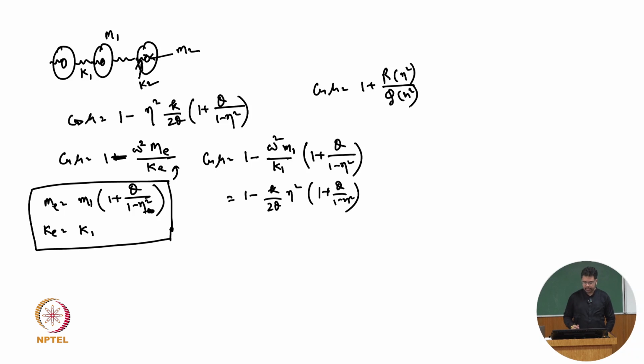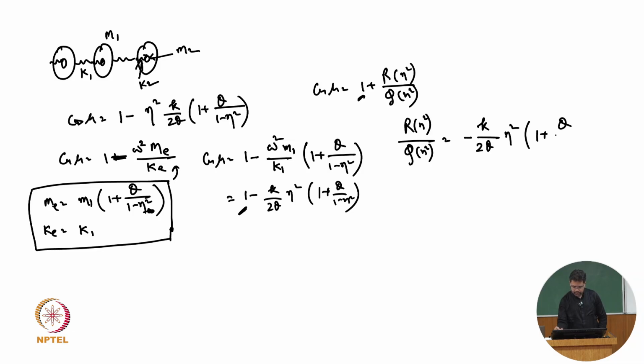Okay, so what will be my r? Now you can think 1 and 1, forget it. So r eta square divided by q eta square will be minus kappa by 2 theta eta square into 1 plus theta divided by 1 minus eta square.